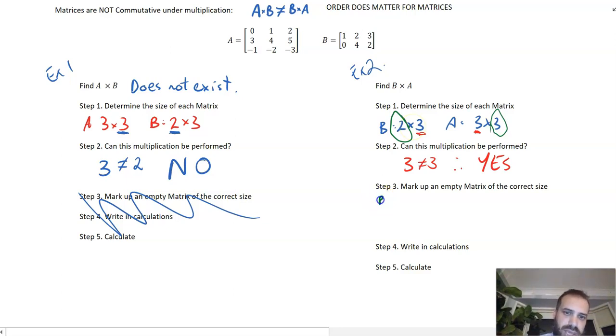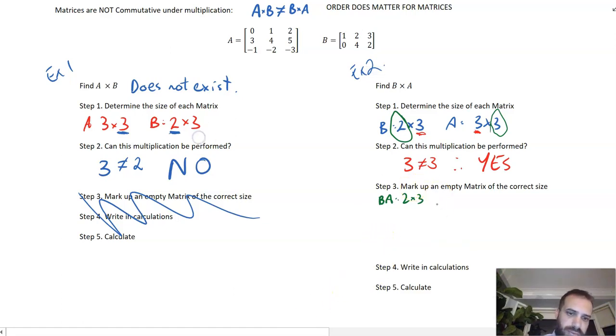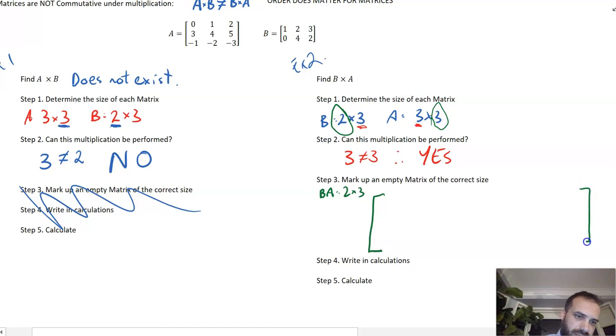So matrix BA is going to be size 2 by 3. I'm going to mark up a matrix of size 2 by 3, and make it really big because we're going to do a lot of maths in here.